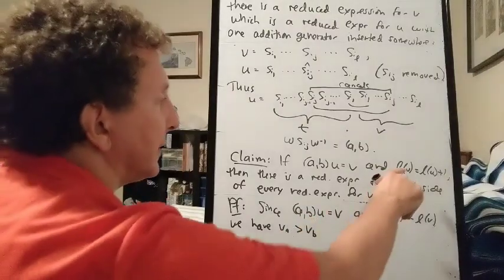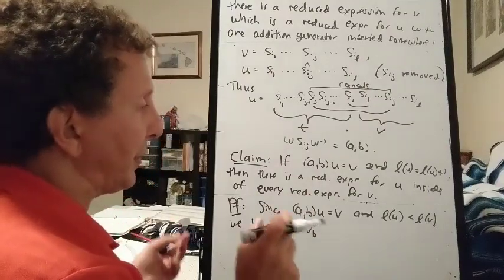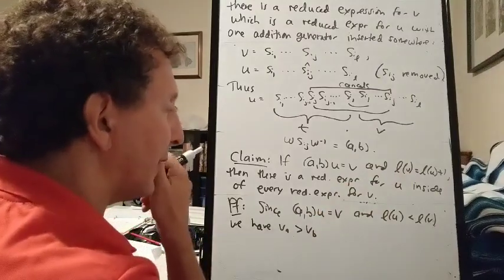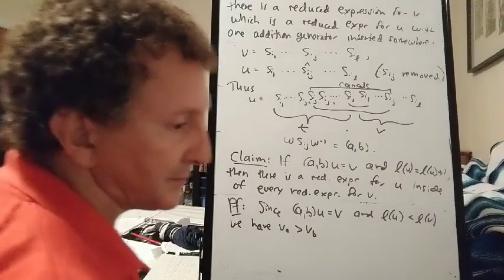The length of V is greater, so that means that when we swap two letters, we're putting them out of order. So in V, the permutation with greater length, VA is greater than VB.